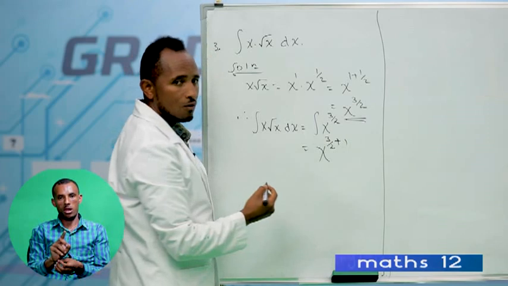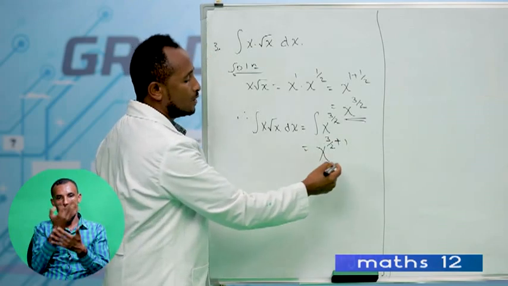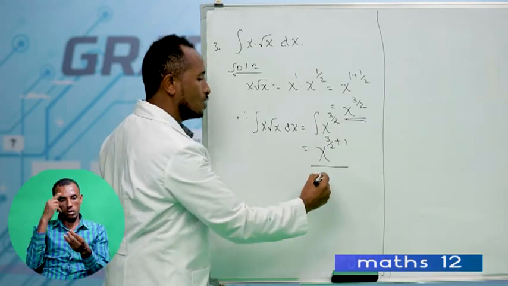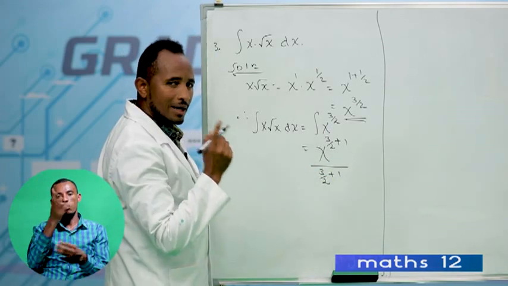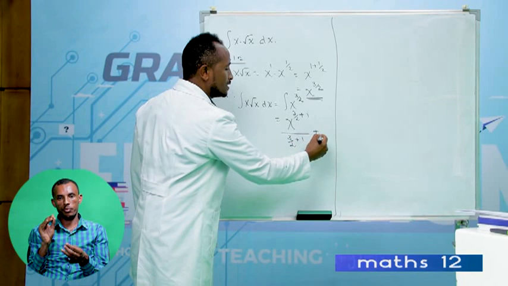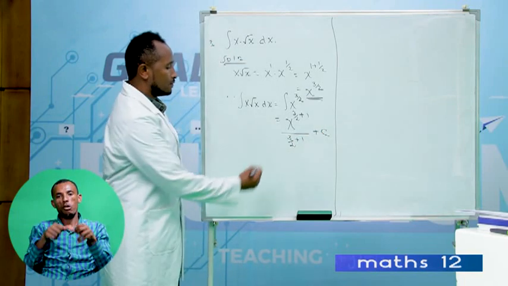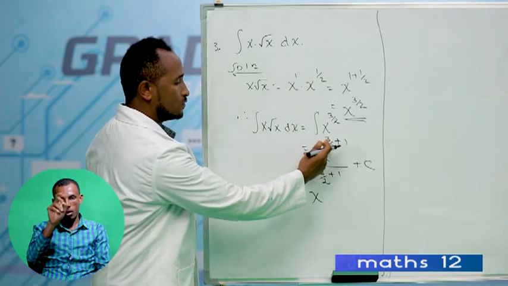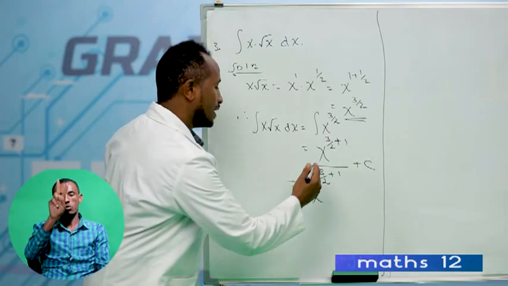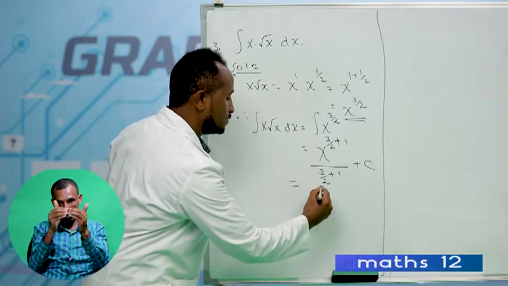I think you remember the formula: you add 1 to the power and you write this on the denominator. So it is 3 over 2 plus 1, and don't forget the integration constant c. 3 over 2 plus 1 is simply 5 over 2.